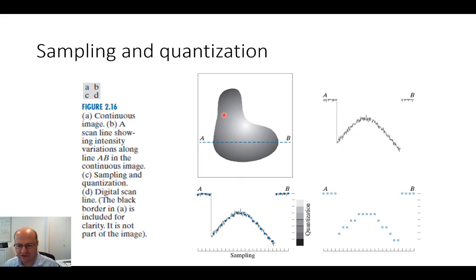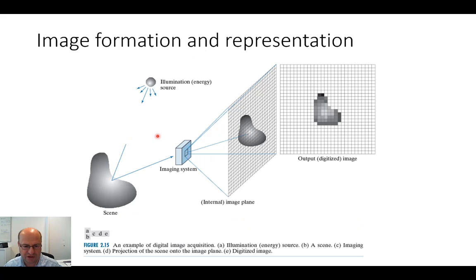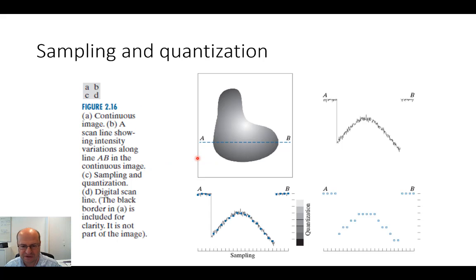So imagine this is the same scene that's been observed by this imaging system. Imagine a cross section here, cutting from this point A to point B. The imaging system in this cross section is going to get an analogic signal, that's basically the whole variation of intensities of the energy, and it should transform it to a digital form.